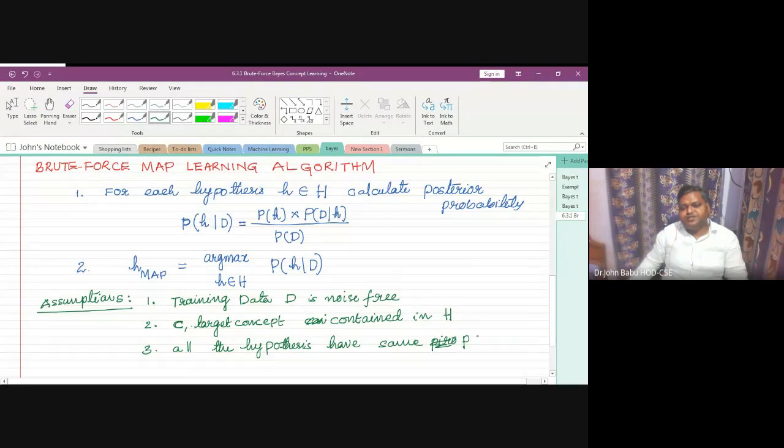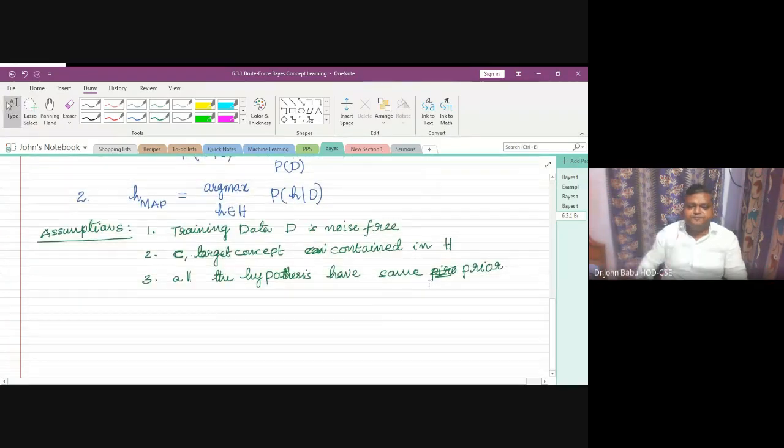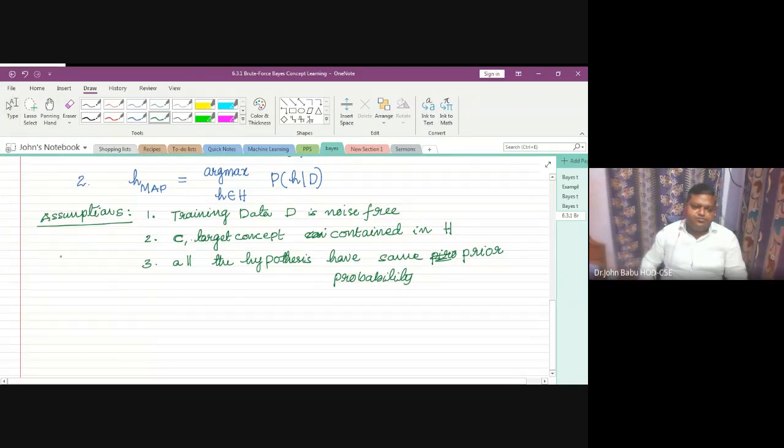That means P of h is the same for every hypothesis. These are the assumptions. Now, in that situation, what is the probability of h?